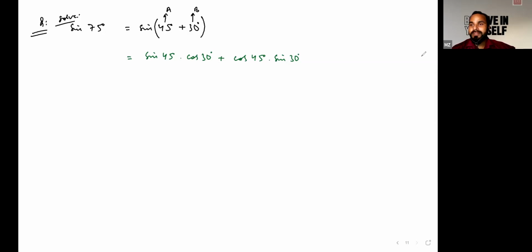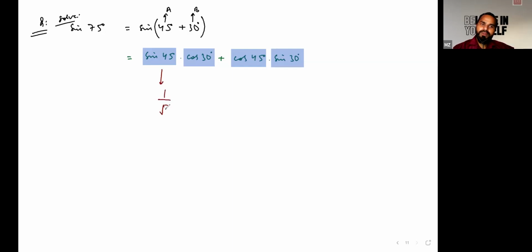The maximum value of sine would be just +1. Sine of 45 degree is equal to 1 by √2 multiplied by cos 30 degree, which is √3 by 2, plus cos 45 degree, 1 by √2, multiplied by sine 30 degree, which is 1 by 2.